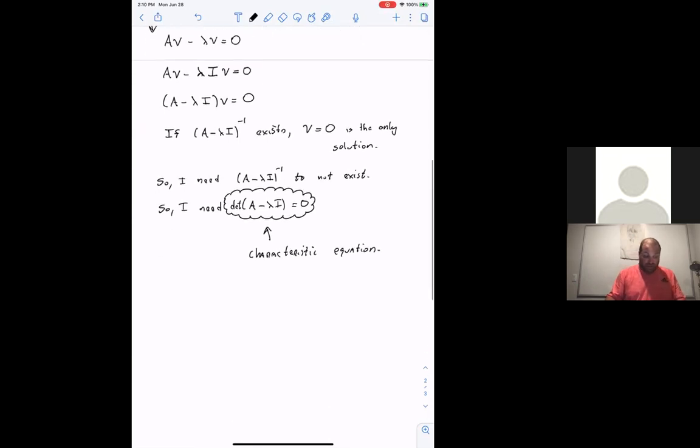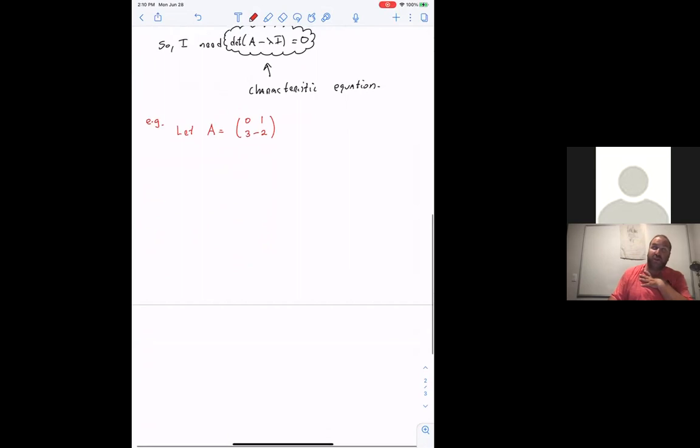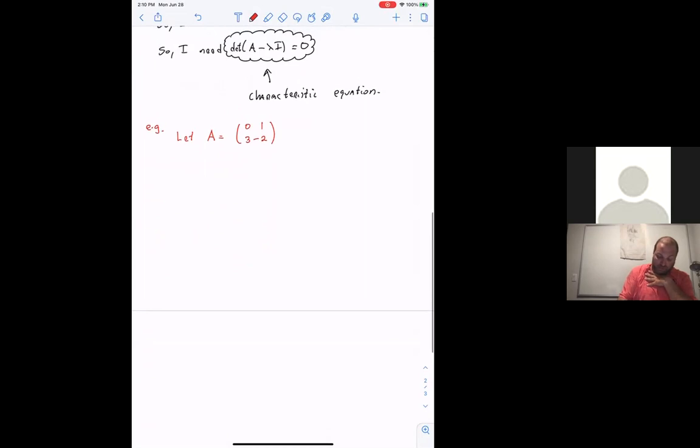So let's do an example that demonstrates finding the eigenvalues and then how to find the eigenvectors from there. Let the matrix A be 0, 1, 3, negative 2. We're going to find its eigenvalues. How are we going to do that? Well, we start with the equation: what is the determinant of A minus lambda I?